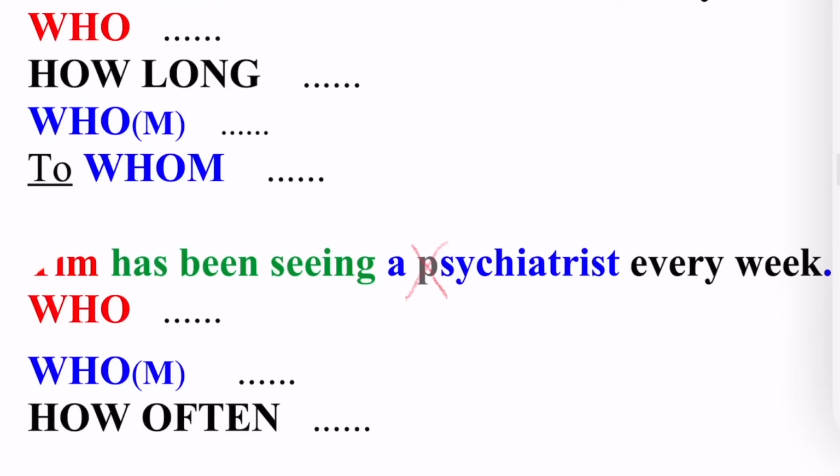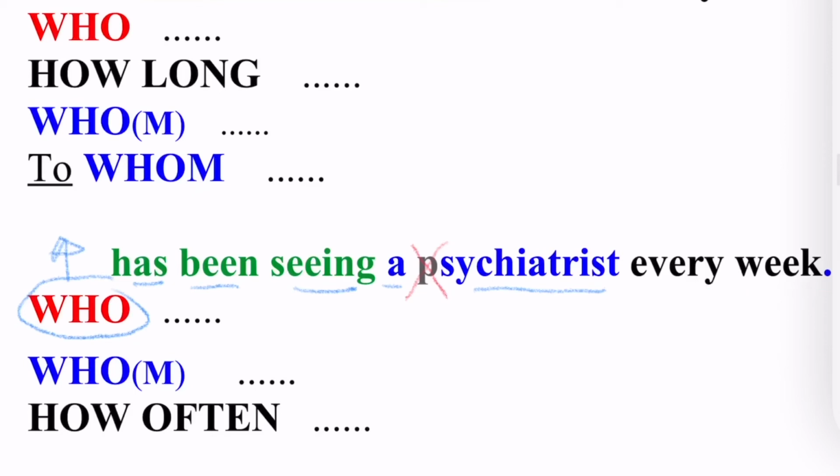We know that somebody has been seeing a psychiatrist every week, but we don't know who. So, who has been seeing a psychiatrist every week? Again, the sentence structure, when you want to ask about the subject, remains the same.